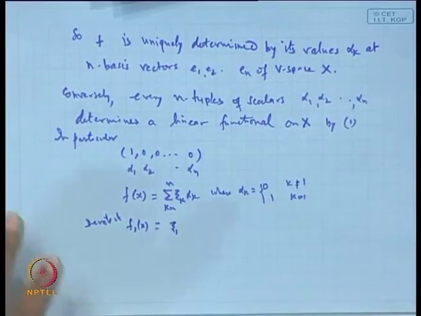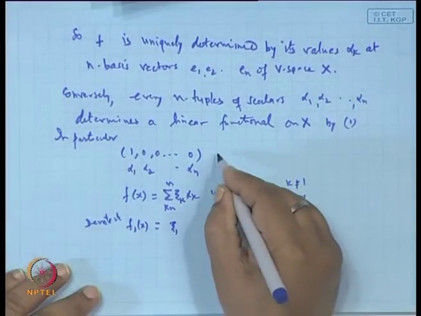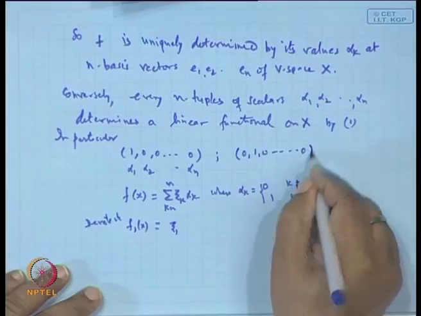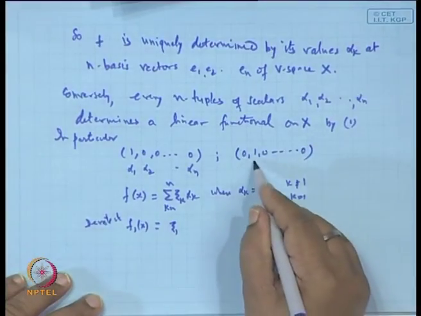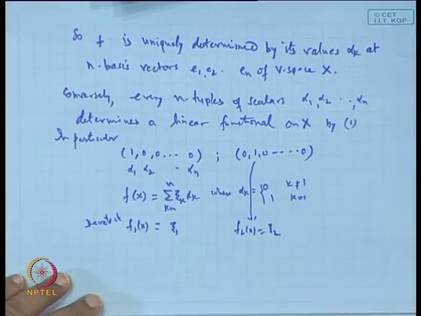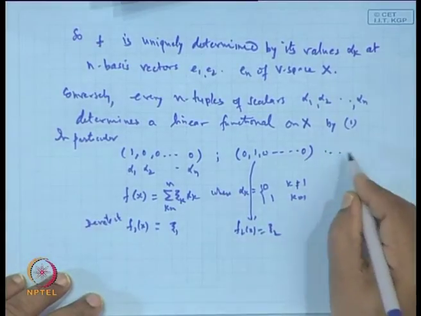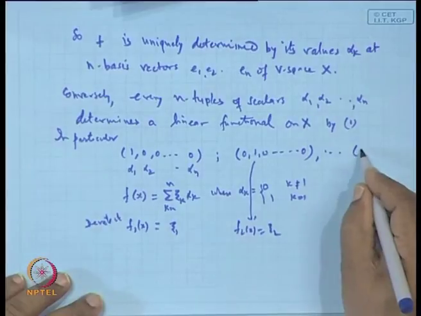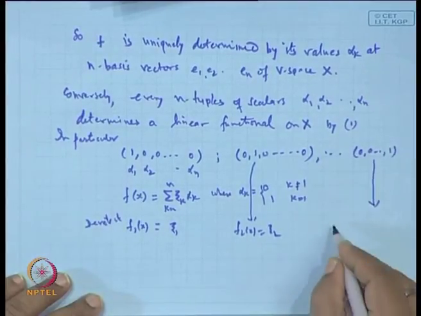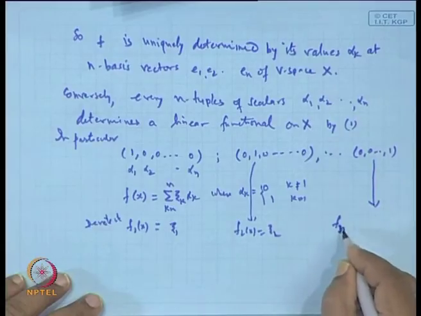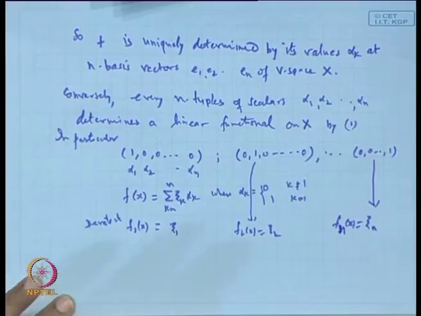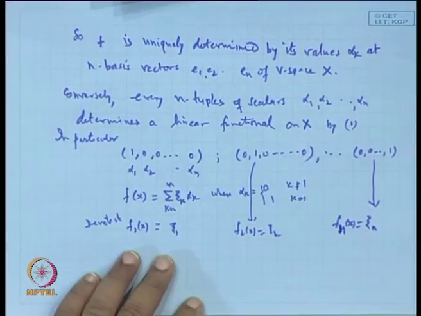Is it okay? Similarly, if I take another set of scalars 0, 1, 0, ..., 0, then correspondingly we get f2 of x as xi 2, and continue this. So, from 0, 0, ..., 1 the corresponding fn of x will be xi n. Is it okay?